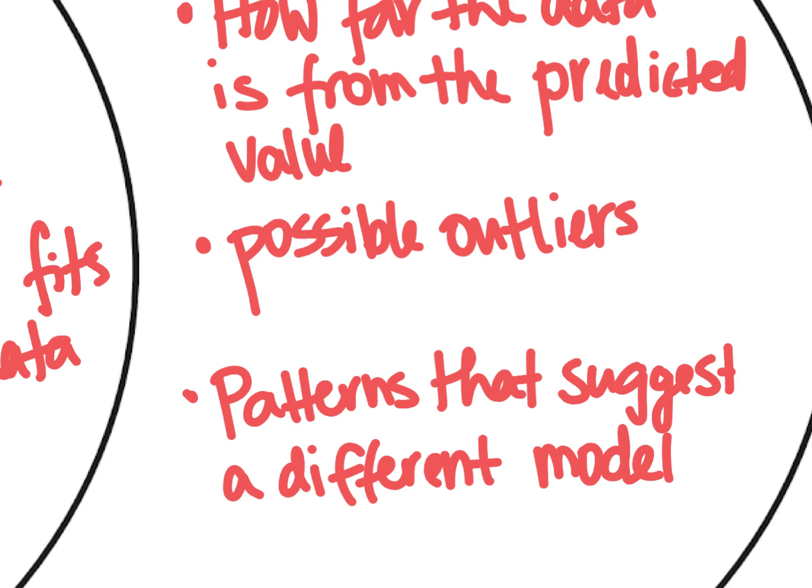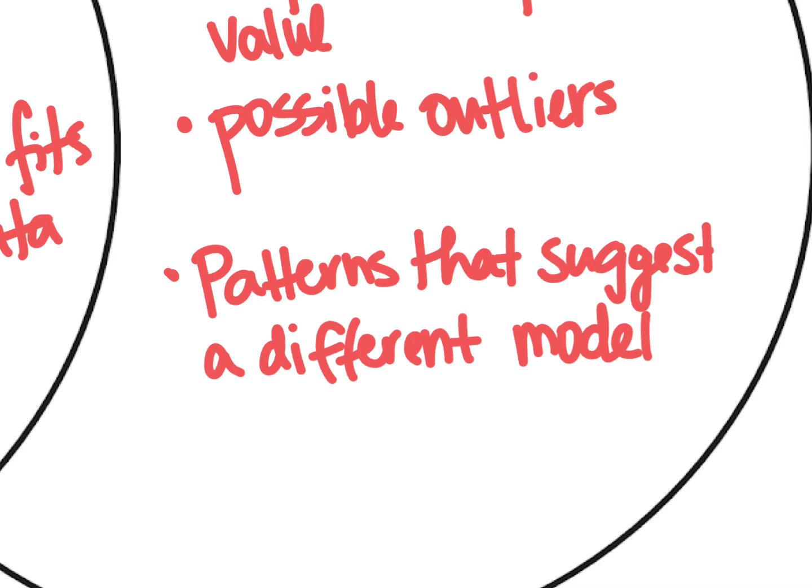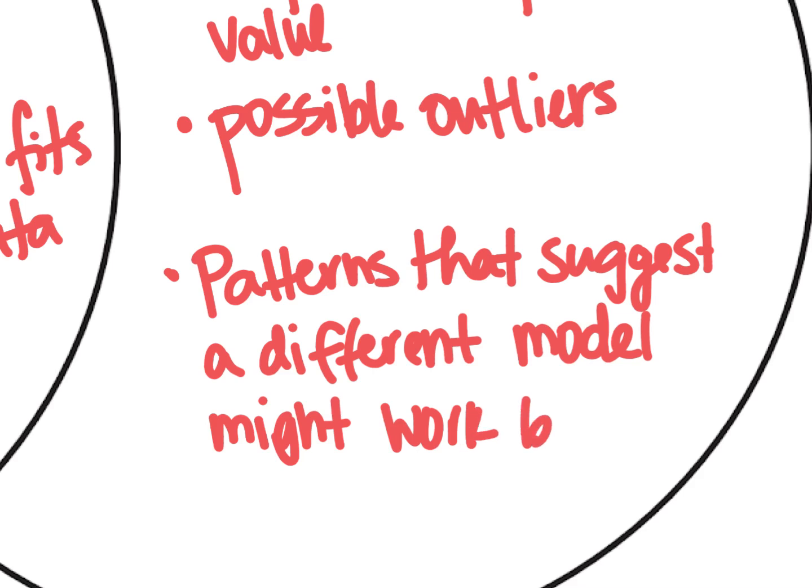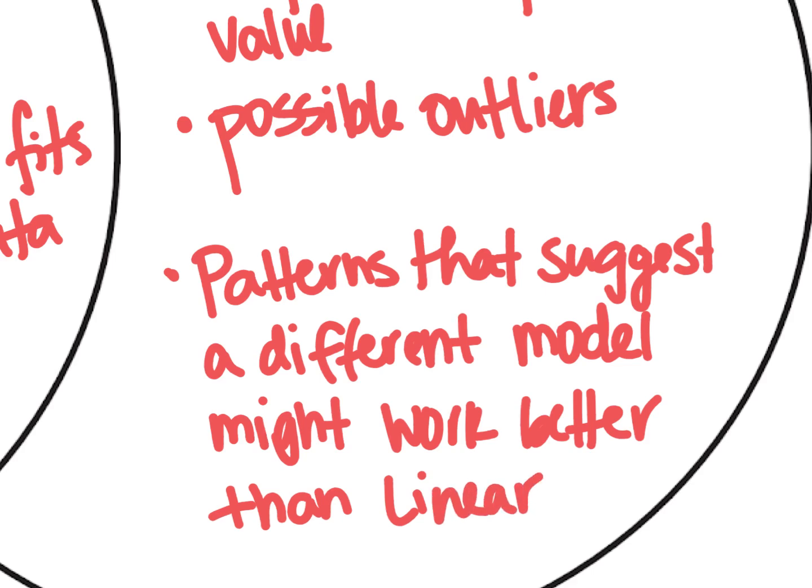Maybe instead quadratic or exponential or trigonometric would work better, where we've got some kind of curve going on as opposed to a straight line pattern. Let me add a tiny bit more. Patterns that suggest a different model might work better than linear.